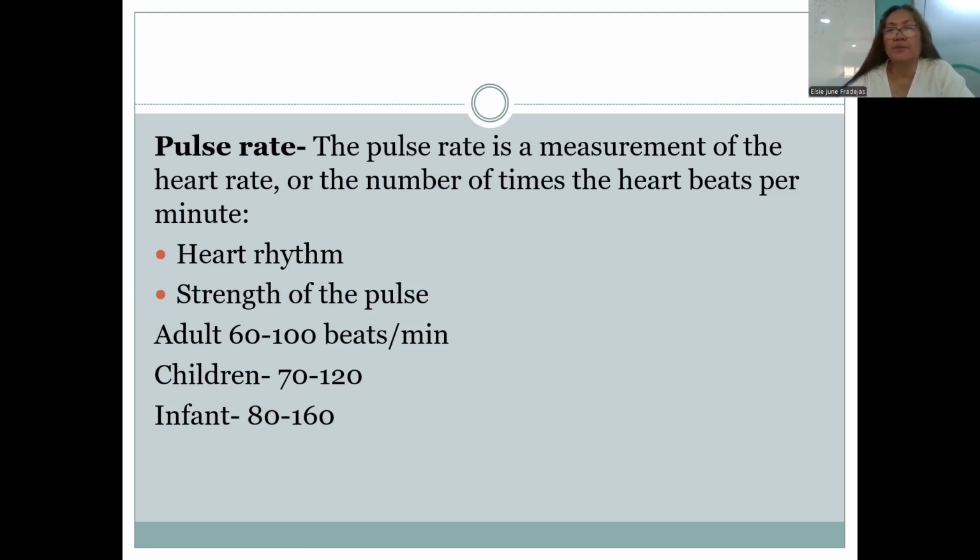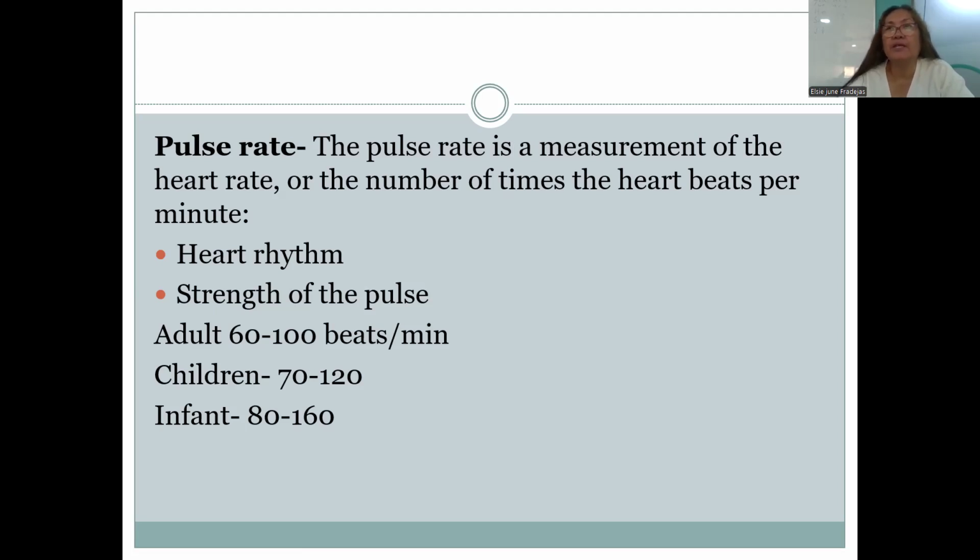Now, the strength of the pulse can be weak, can be bounding, can be strong. Okay, so this is measuring the strength of the pulse. Bounding, I mean, not throbbing, bounding.